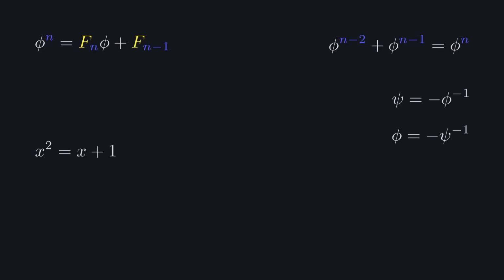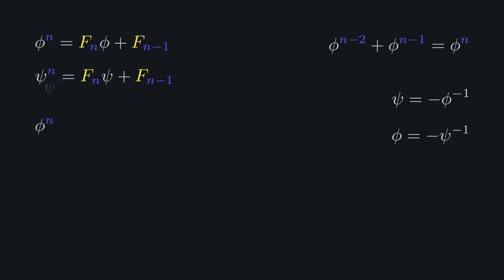Now, since we've derived this relationship to Fibonacci numbers from this quadratic relationship, that means the exact same relationship is valid for its second solution, psi. And that gives us the second equation we needed. We're good to go. The simplest thing to do here is to get rid of the second Fibonacci term, these guys here. We achieve that by subtracting the equations from one another.